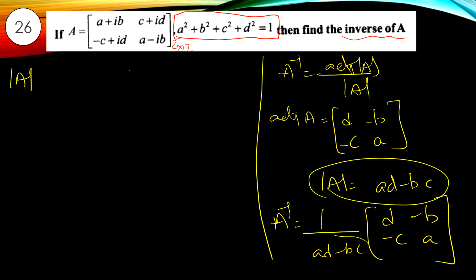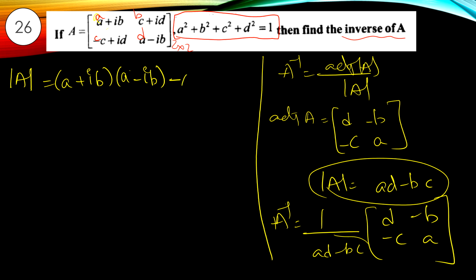So det A is equal to, assume this as a. I'm taking the red one. So this is a, this is b, this is c, and this is d. From here, det A is equal to a into d. So a into d means (a plus ib) into (d minus ib), so minus b into c.